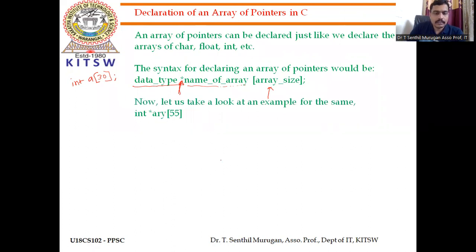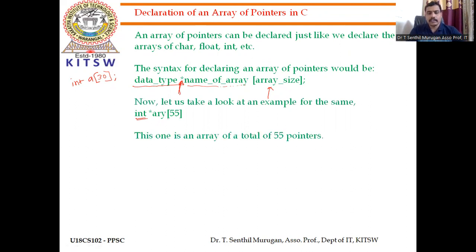Here we declared an integer array of pointers. We write asterisk, and arr is the array name, and 55 is the number of pointers we created. We created 55 pointers, so this is an array of a total of 55 pointers.